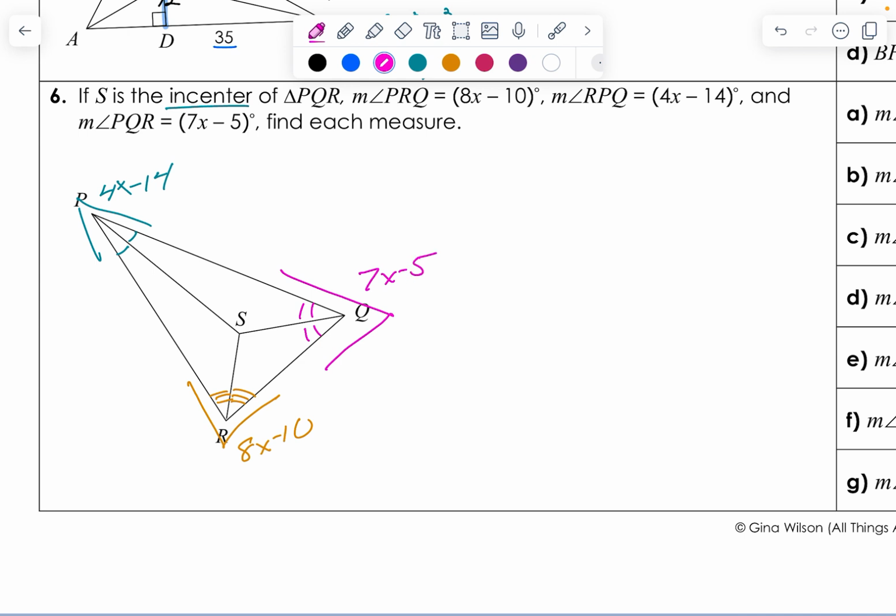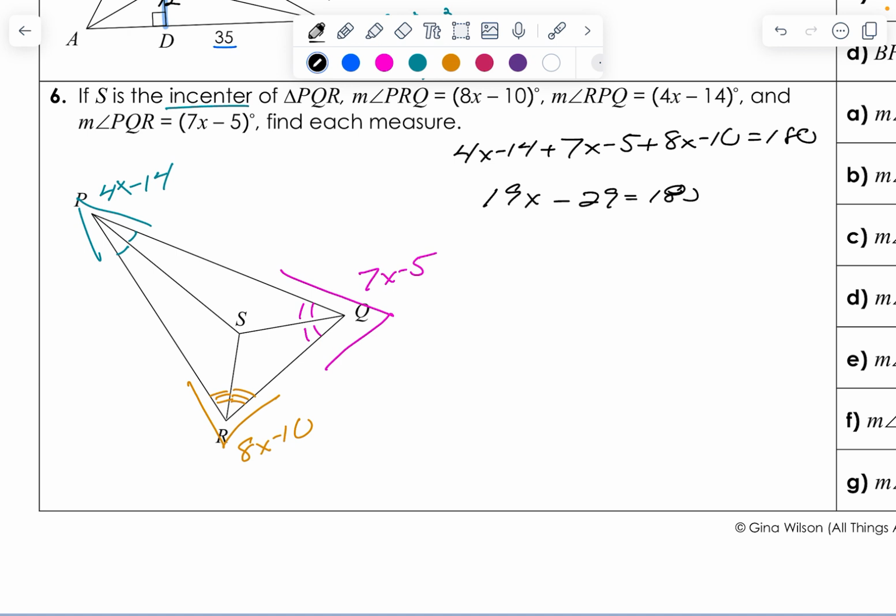So 3 angles of a triangle. We know 3 angles of a triangle equal 180. So we've got 4x minus 14 plus 7x minus 5 plus 8x minus 10 equals 180. Well, let's see, adding these up, looks like we're going to get 19x minus 29 equals 180.